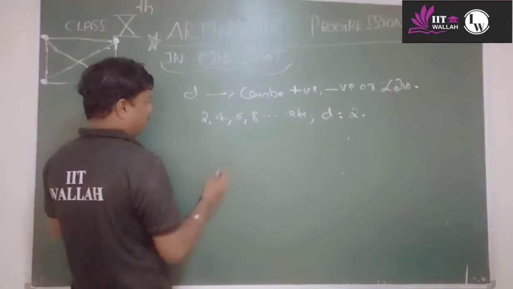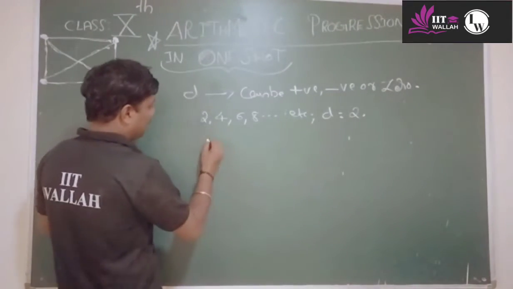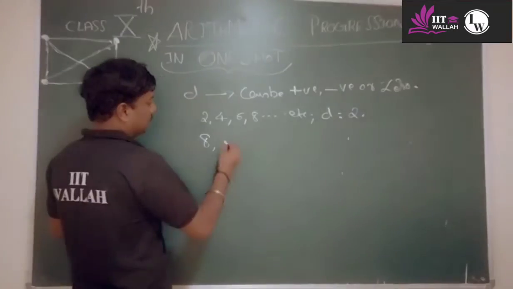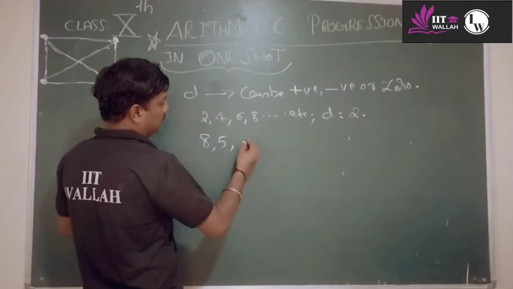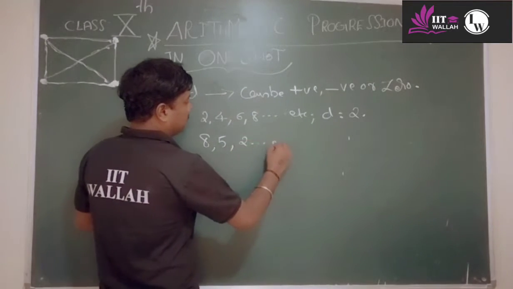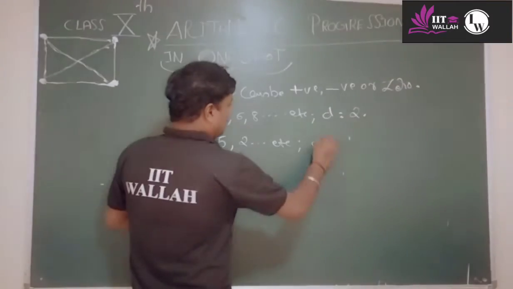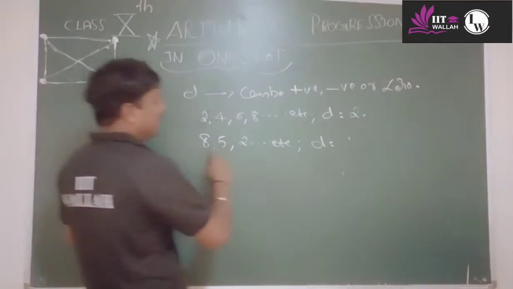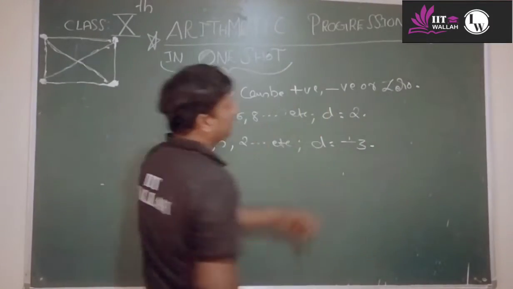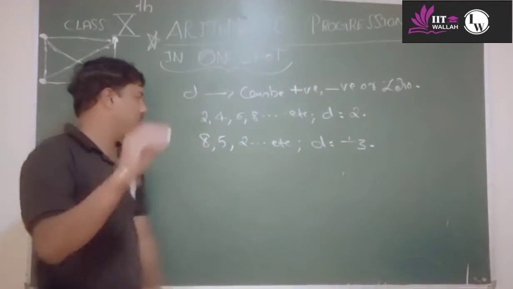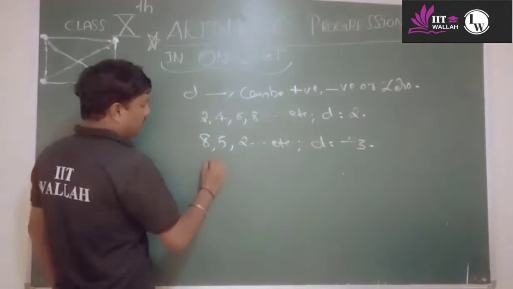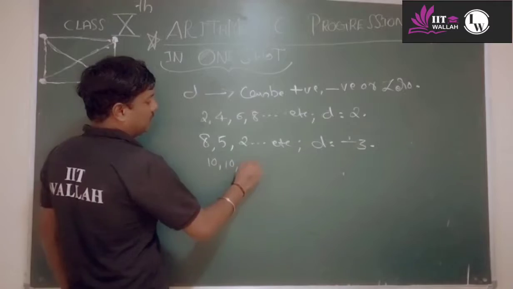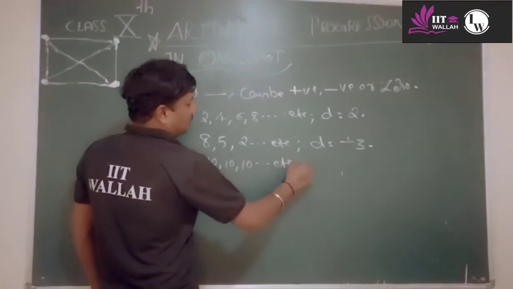This is positive. Now I will write 8, 5, 2, etc. Here D is 5 minus 8, which is minus 3. See, it can be positive, it can be negative also. And here 10, 10, 10, etc. This is also an AP.